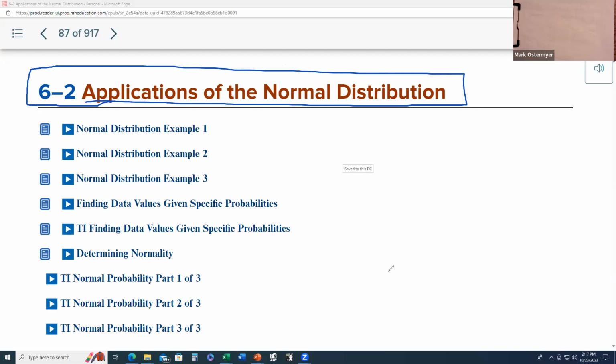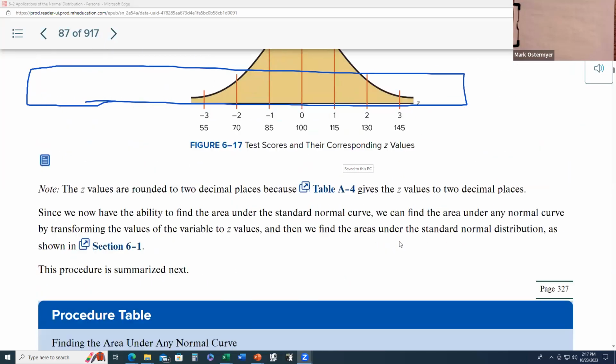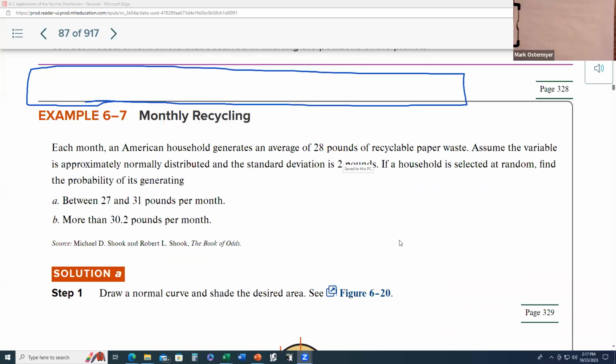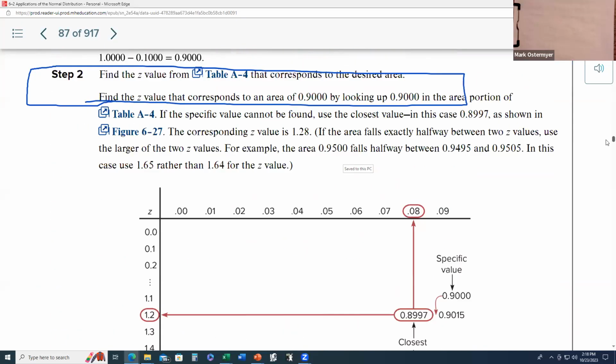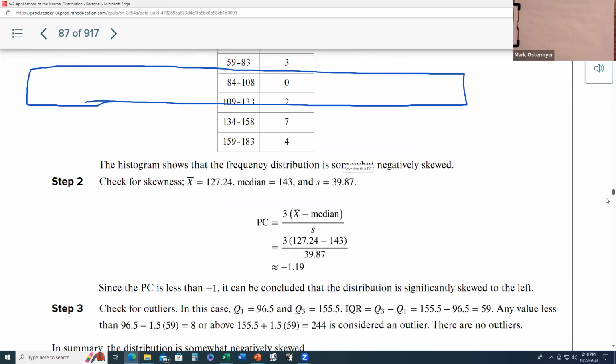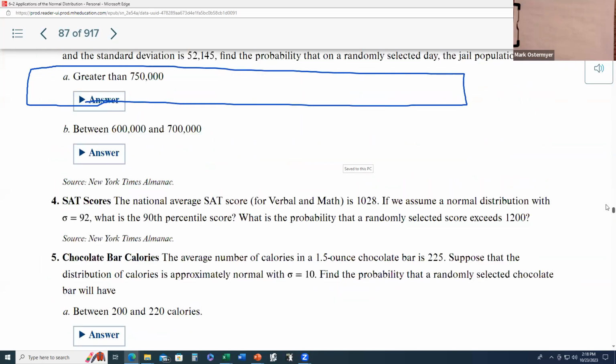So, sorry, I ran out of time today. Not really enough time to dig into any of these wonderful application problems. But the normal distribution can be applied to a lot of problems that have data that are normally distributed. And like I said, you're welcome to look down through the section at some of the examples that are in here.